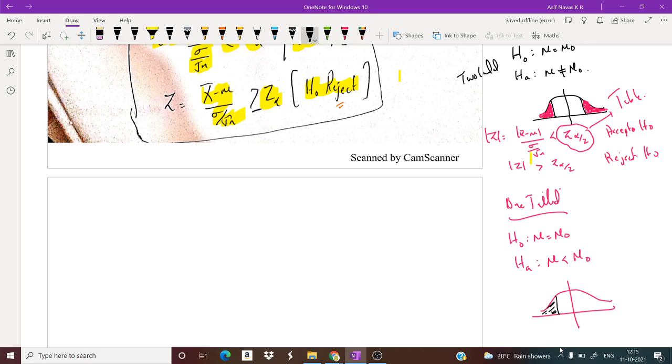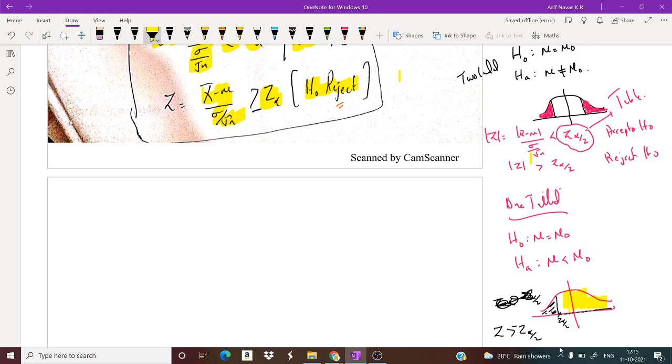If Z is greater than minus Z alpha, that means it falls in the acceptance region, this region.